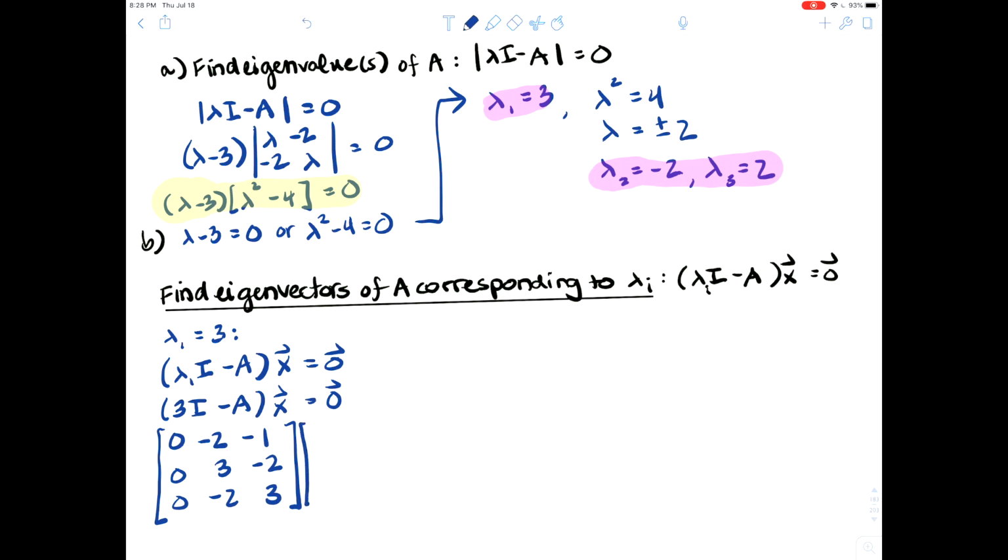And then we've got a 3 by 3 matrix, so this has to be a 3 by 1, the x vector. And this will be equal to the 0 vector.